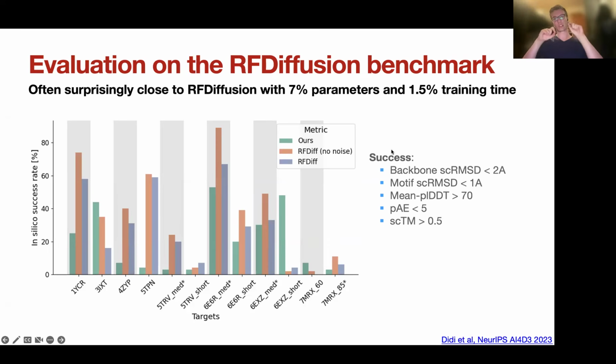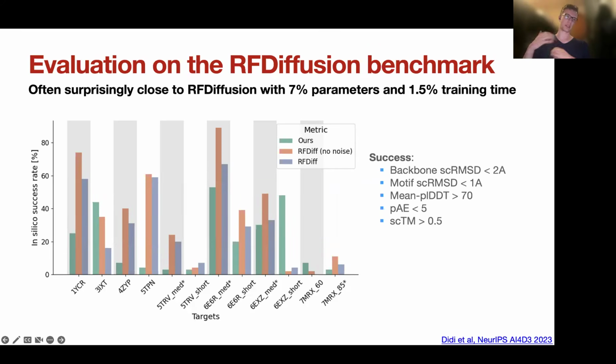You also want your motif to be similar, and a bit more strict on that, so 1 instead of 2 angstrom. And you want your AlphaFold or ESMFold prediction to be confident, so your pLDDT and other metrics should be confident that the structure is actually what you think it is.